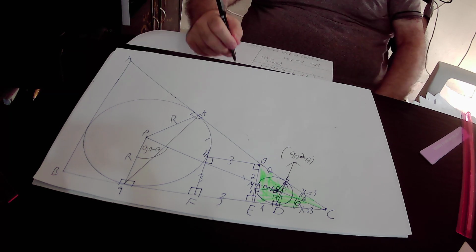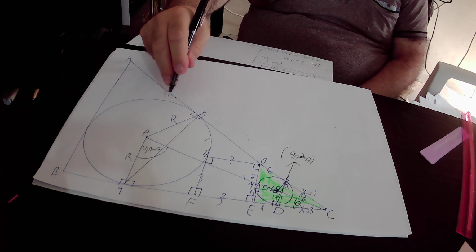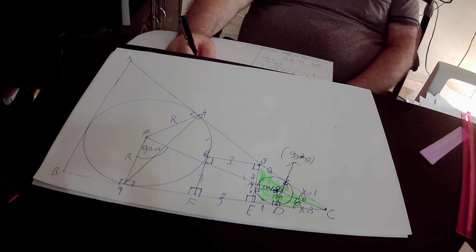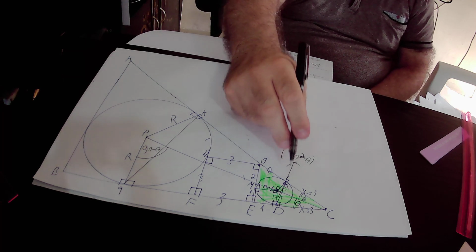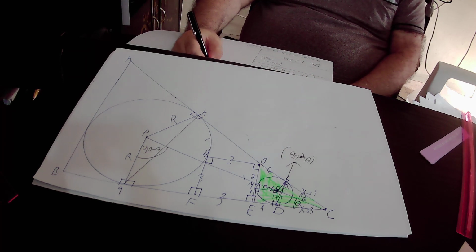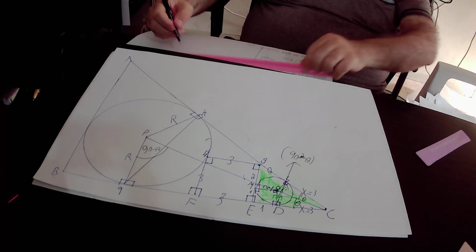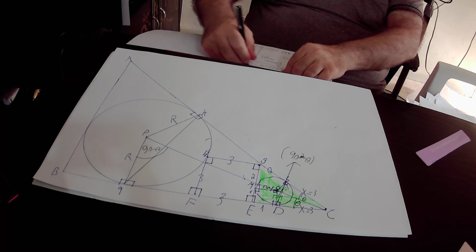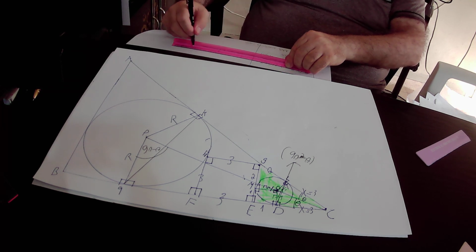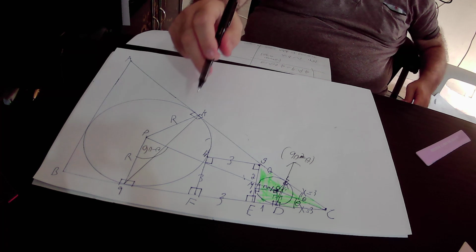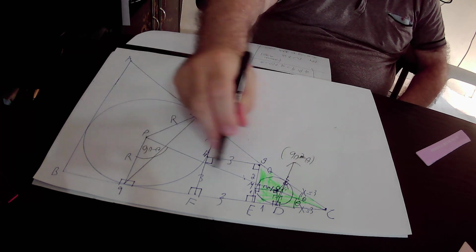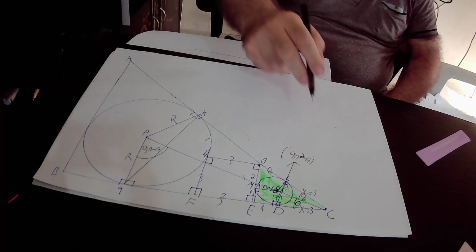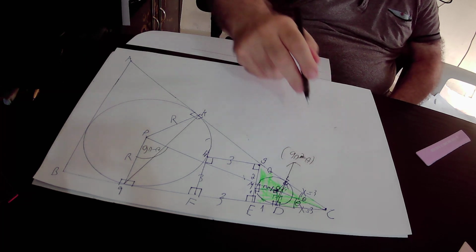We conclude that PQ in the big right triangle over OD in the small green right triangle is equal to QC in the big right triangle over DC in the small green right triangle.